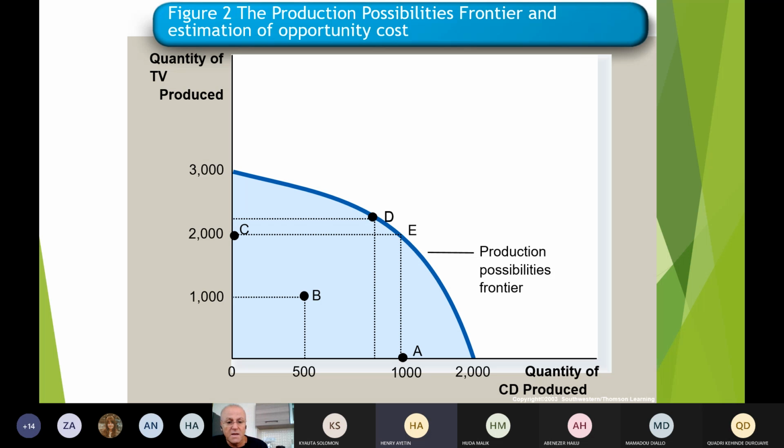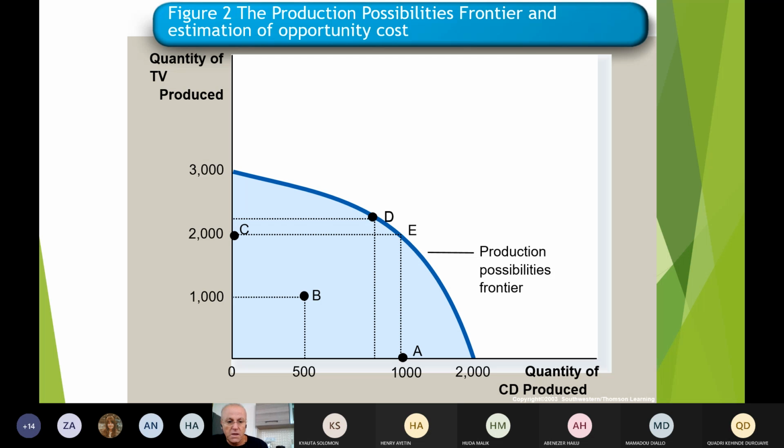And below this, as it is indicated here, below this production possibility frontier, PPF, there is a point B where 1,000 units of TV and 500 units of CD are produced, and this is, of course, lower capacity production, and you have to change and enlarge this to a higher level if you wish to get better off in the market.